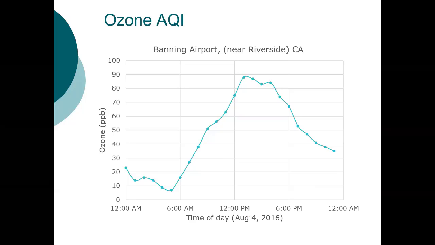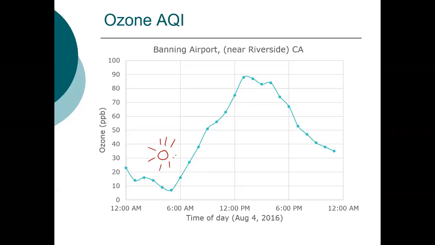A couple things to note. Sun rises, and what do we see? We start to see an increase in the ozone levels. By about mid-afternoon, the ozone levels peak, and then they tend to drop with time.